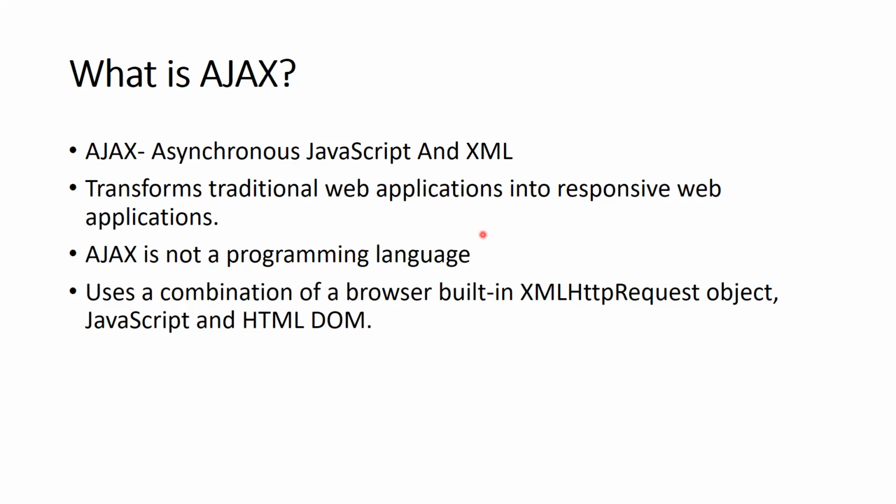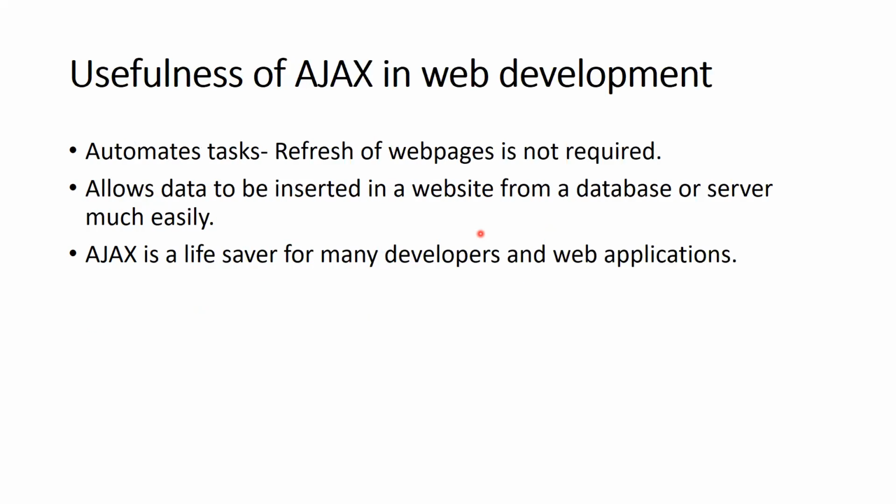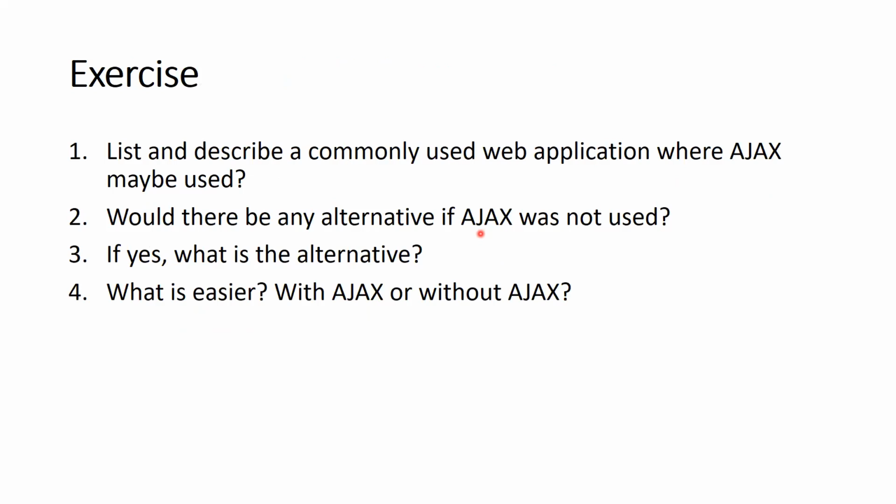Now, do know that one of the key advantages of using AJAX is that it transforms traditional web applications into responsive web pages. Moreover, AJAX can be used to automate tasks. A common example is refreshing. Moreover, it allows you to pull data from the databases and display it on your web pages. We have looked at an example, an exercise, the Facebook chat feature, and how AJAX makes it much easier and more intuitive.